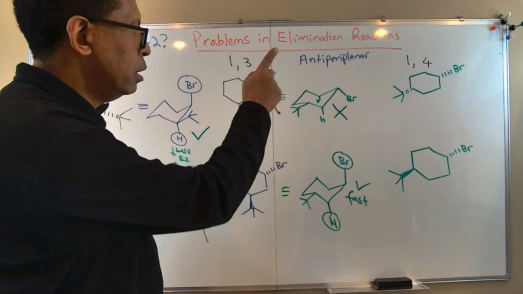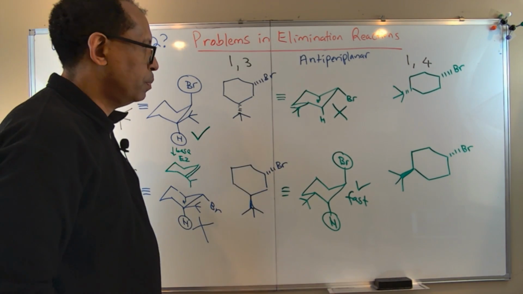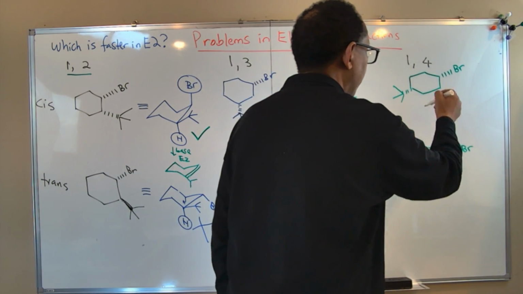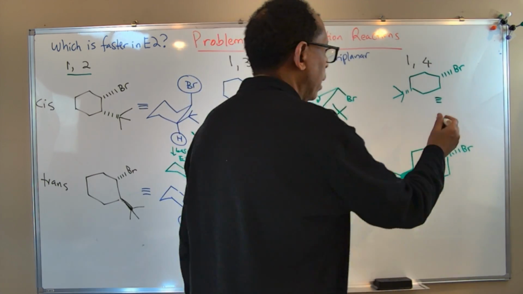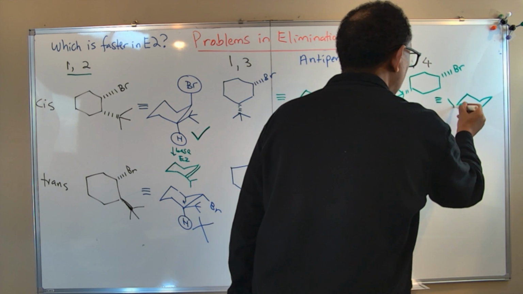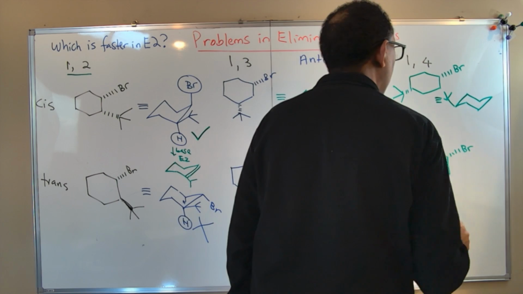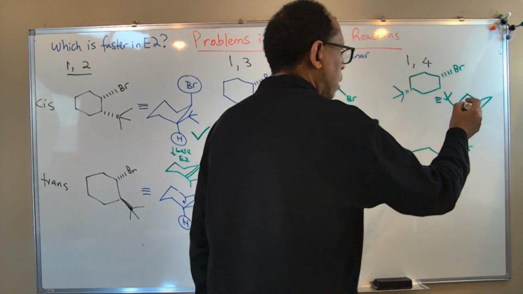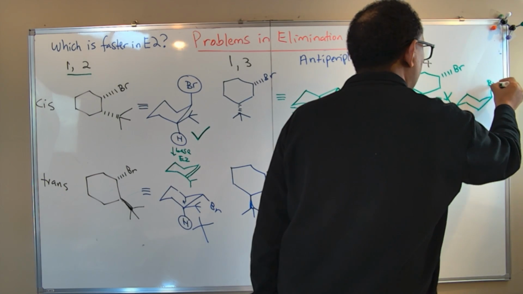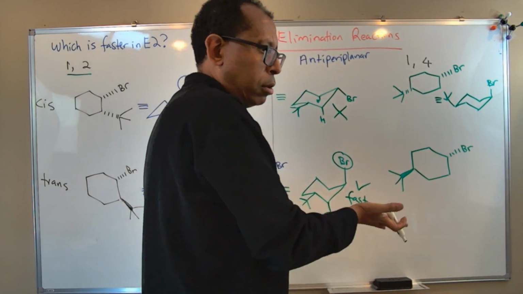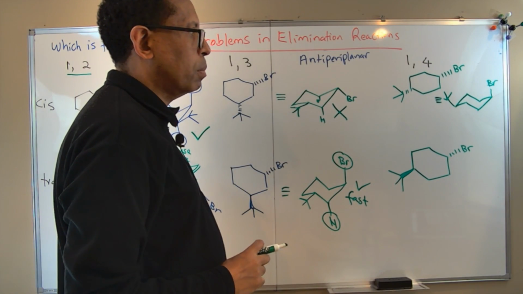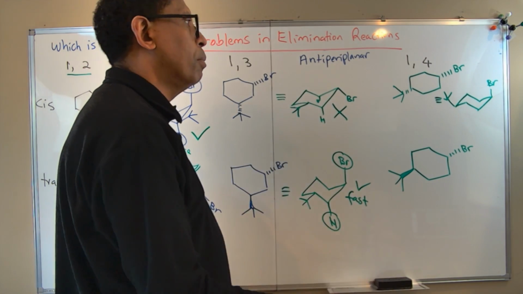Okay, let me continue on the 1,4 case. In the 1,4 case, the chair conformation of the 1,4 looks like this, and the T-butyl is equatorial, and they are cis. Since they are cis, the Br should be up on top of the plane of the board. Both have to be in a cis form, either both down or both up.